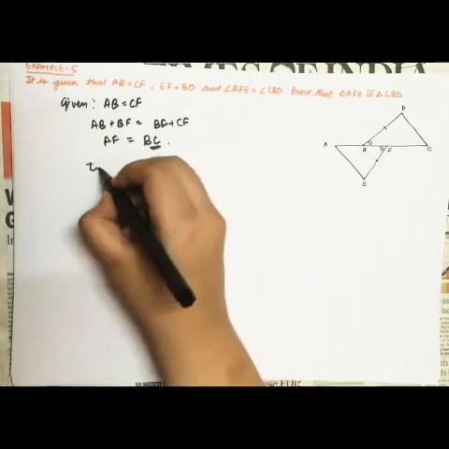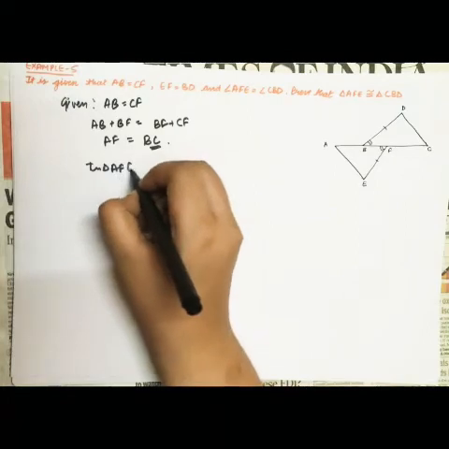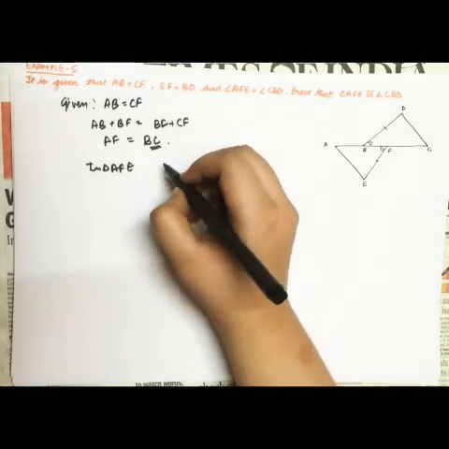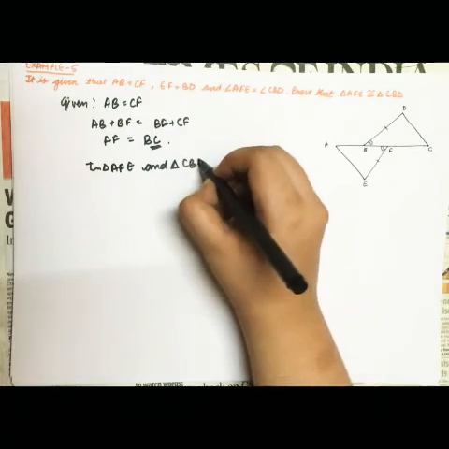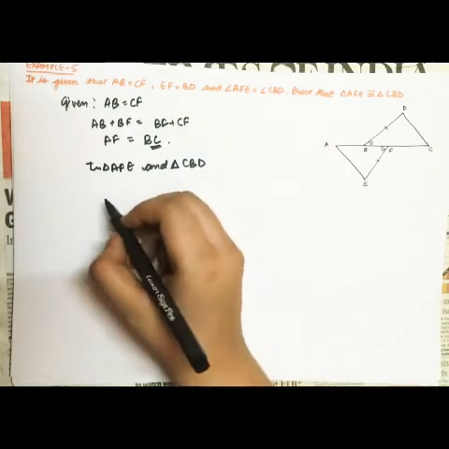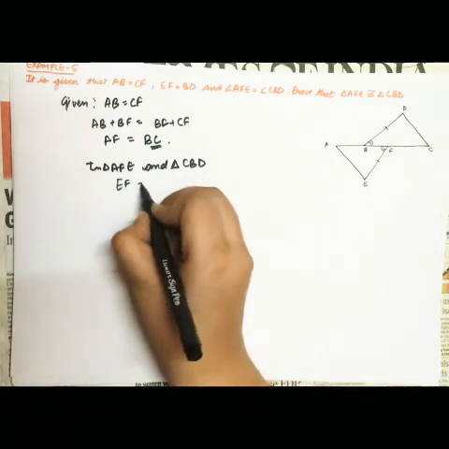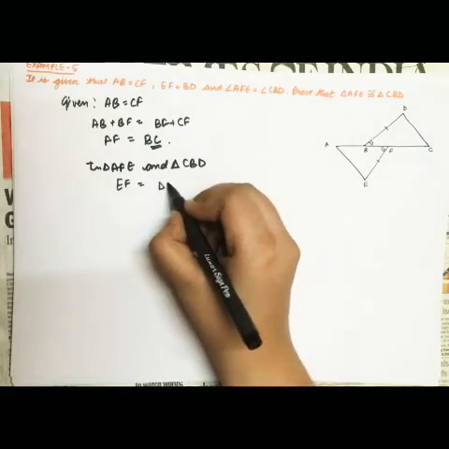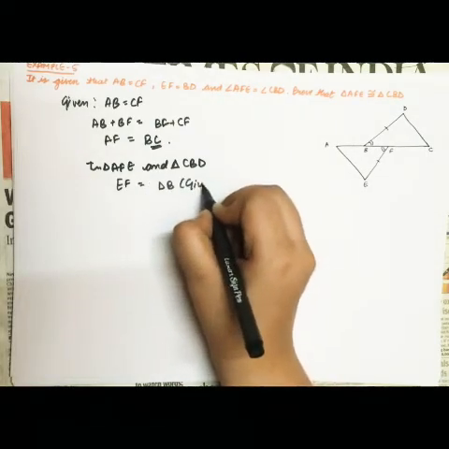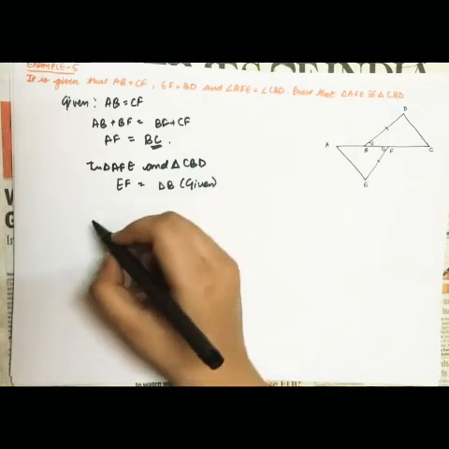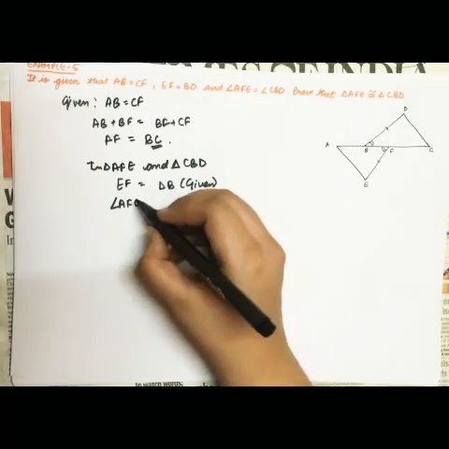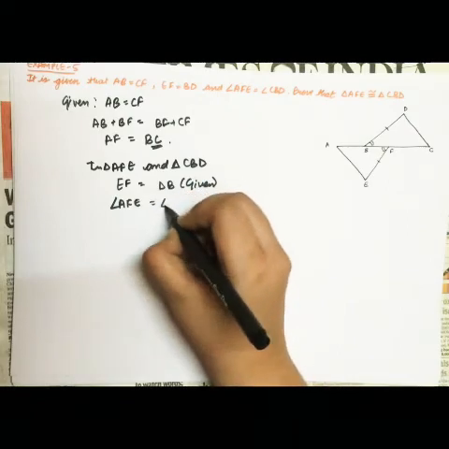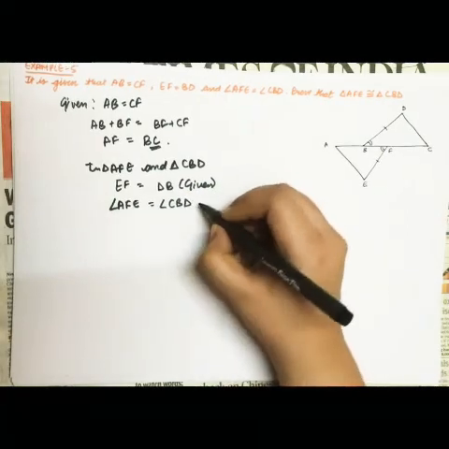Now in triangle AFE and triangle CBD, we can say that EF is equal to DB as it is given. Now angle AFE is equal to angle CBD, which is also given.